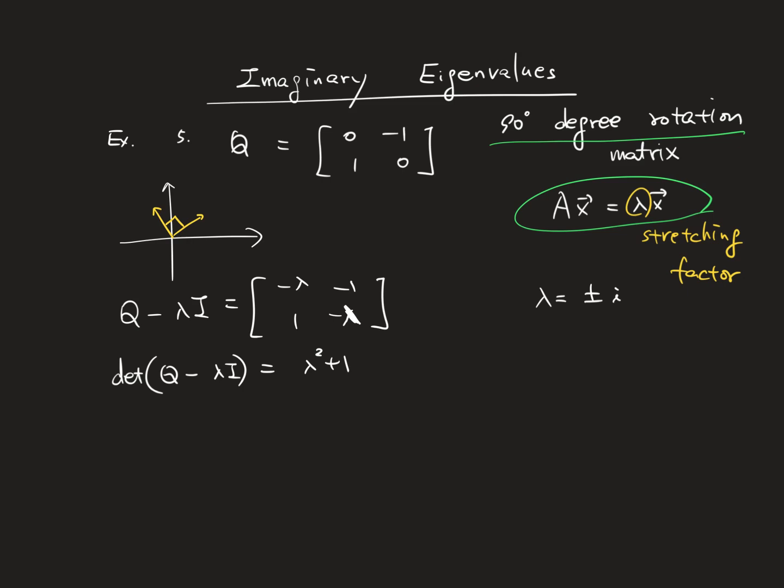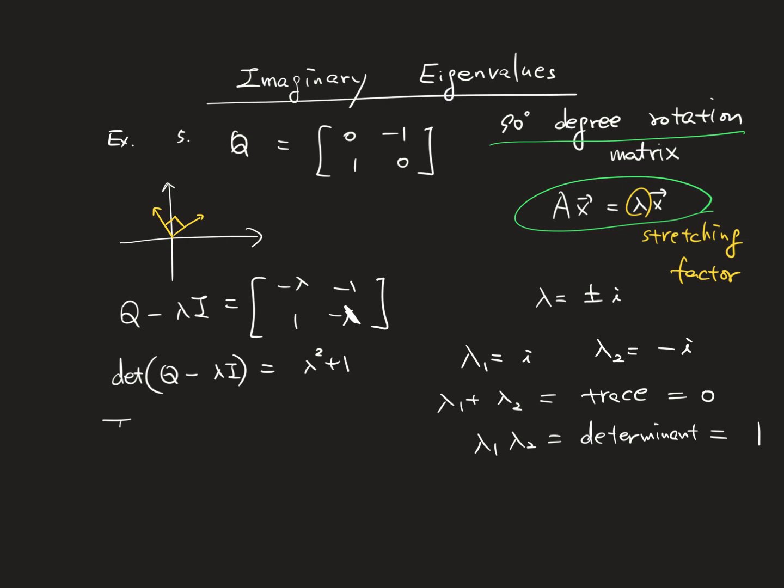Lambda 1 is i, and lambda 2 is minus i, and lambda 1 plus lambda 2 is equal to the trace, which is 0, and we can verify that lambda 1 times lambda 2 is the determinant, which is equal to 1.